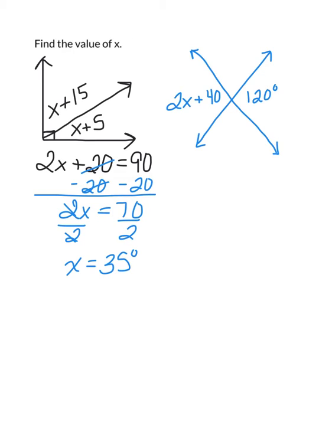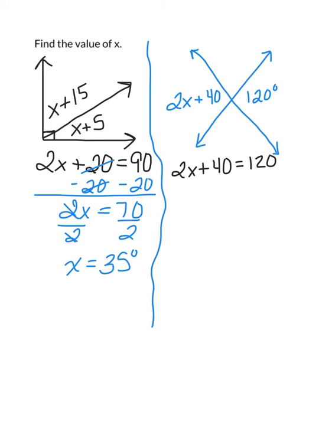Well, again, I'm going to set up an equation. Cut that in half there, that way you can see the difference. We know that these are vertical angles, so therefore they are equal to each other. So I'm going to say that 2x plus 40 has to equal 120. Then I'm going to solve my equation.